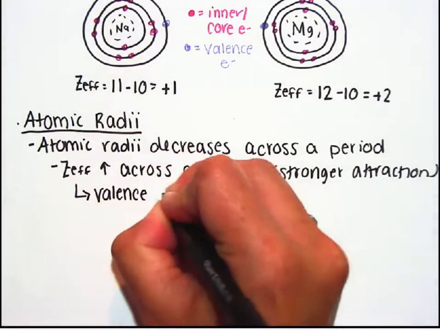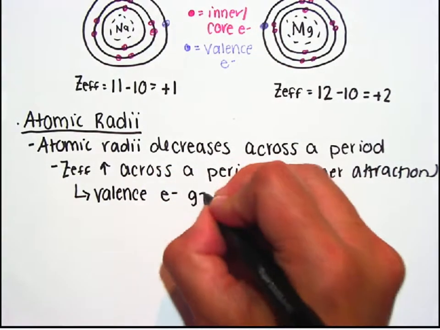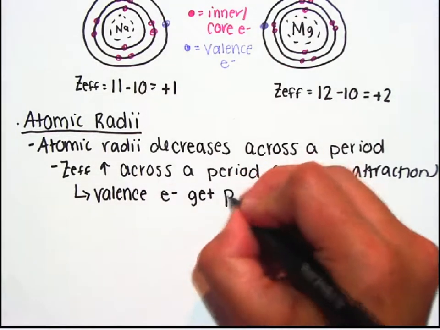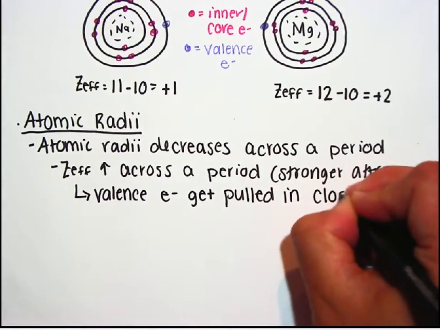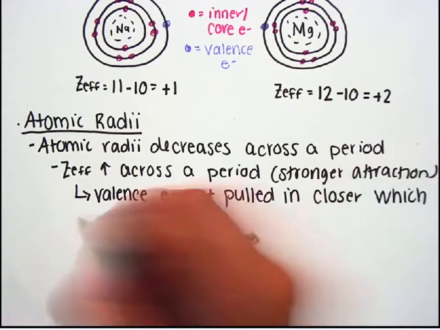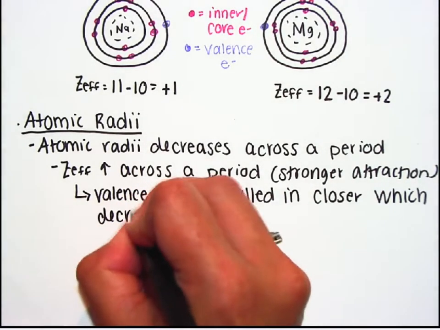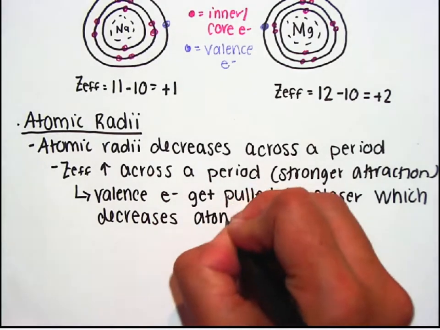That means those valence electrons, that attraction is stronger, so the valence electrons get pulled in closer. Which decreases atomic radius.